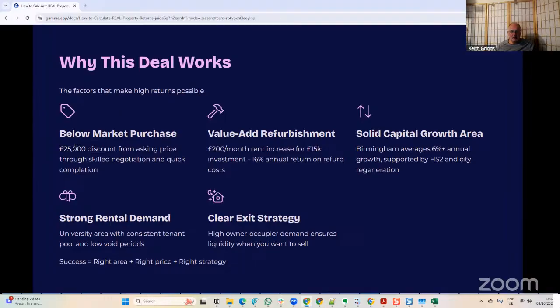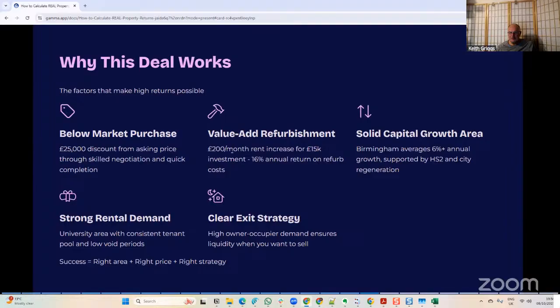Also, if you can, get a below market purchase, which is not necessarily the same as below asking price. You want one below market, so you get the gain when you sell the property or if you remortgage. I can also help you acquire below market value properties.